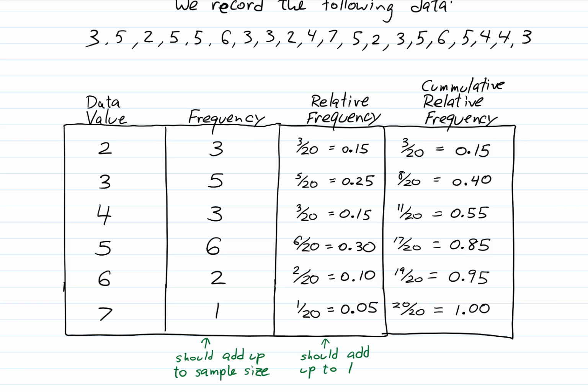If you're doing cumulative relative frequency, then the numbers there should be increasing all the time. Every one should be bigger than the one above it. And the last one should equal 1. So just a couple of things to keep in mind, and that way you can check that, and if that doesn't happen, then you know you miscounted something.